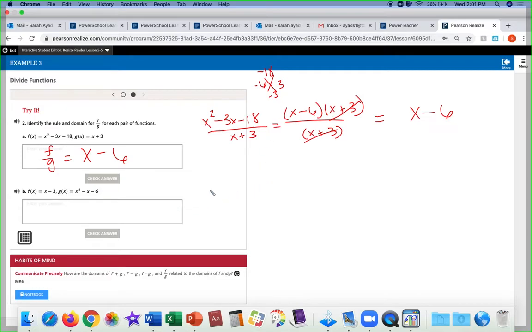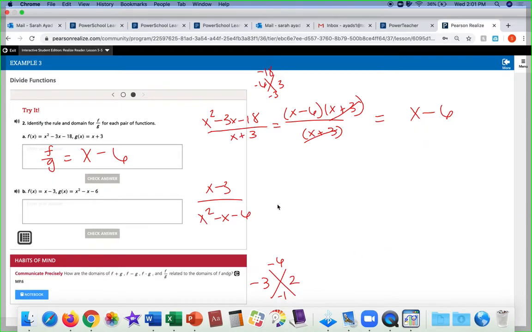Alright, for the second one, we have x minus 3 divided by x squared minus x minus 6. So I need to factor this quadratic, so on the side, what multiplies to negative 6 adds to negative 1, and I get negative 3 and positive 2.